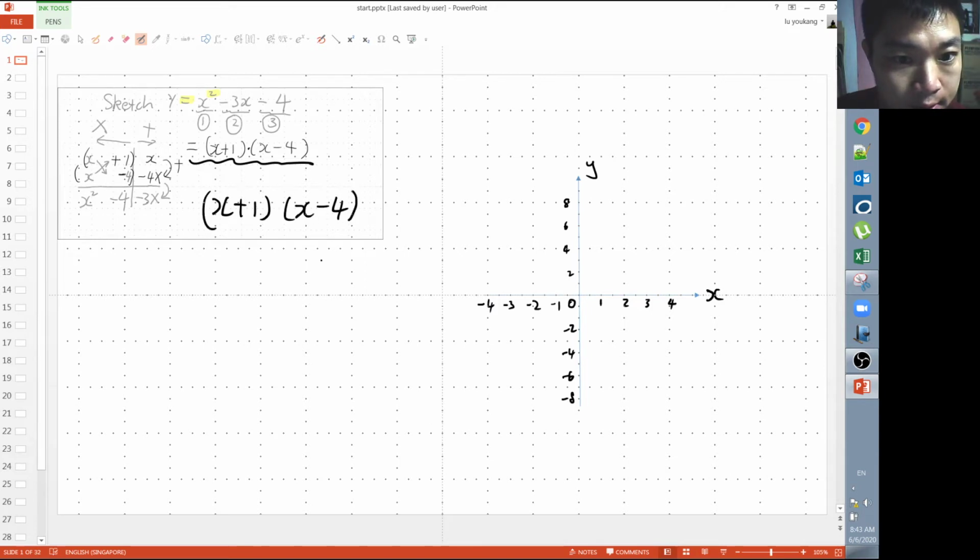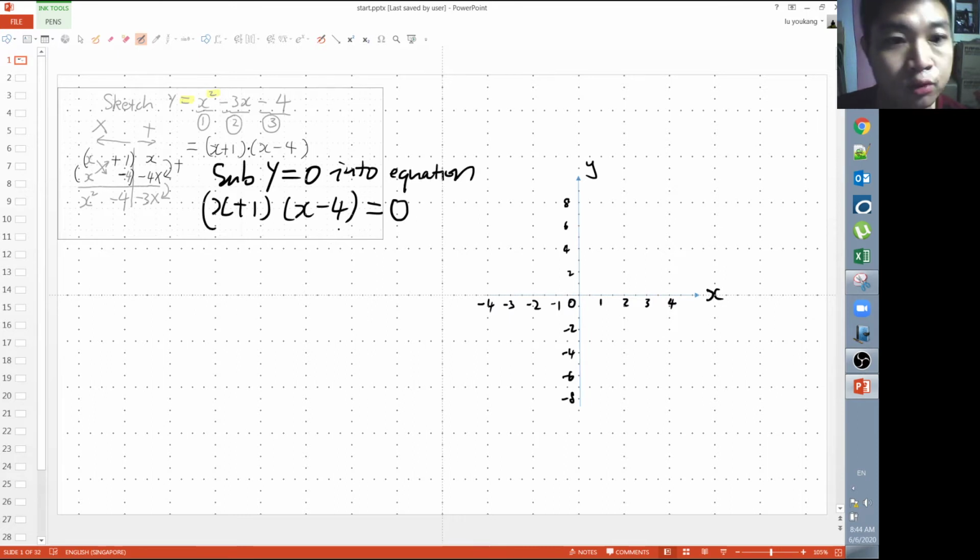Over here, what you need to do first is equate this factorization to 0. This means you sub y equals 0 into the equation above.